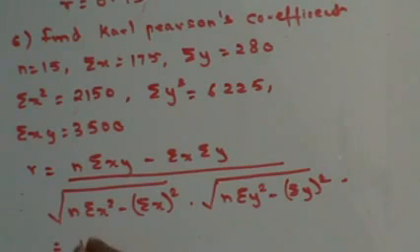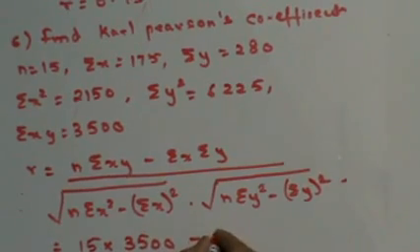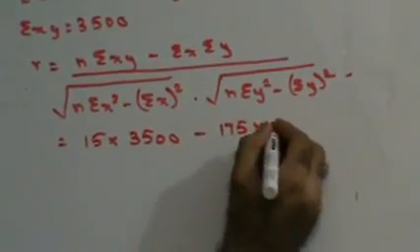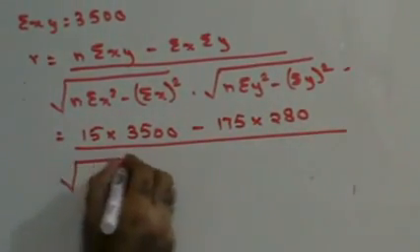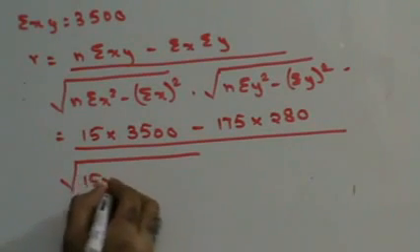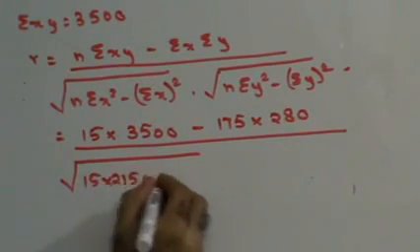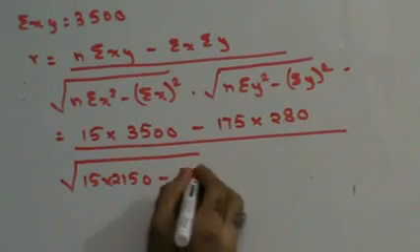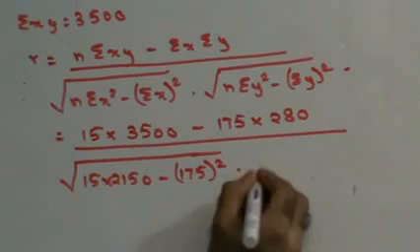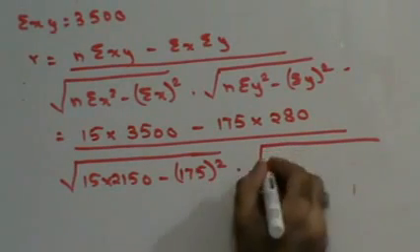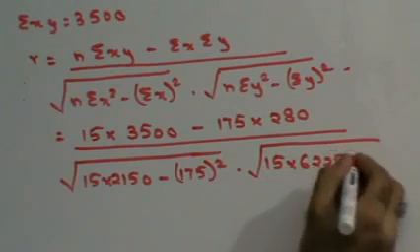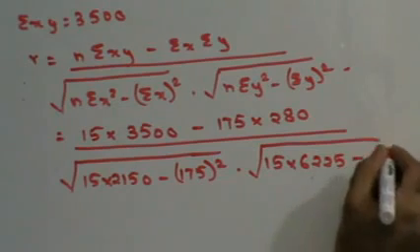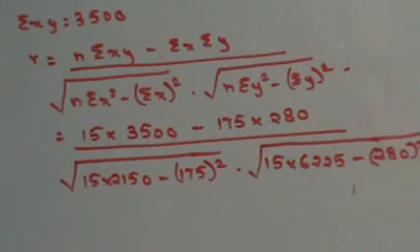Here n is 15, sigma xy 3500 minus sigma x 175 into sigma y 280, upon square root of n 15 times sigma x square 2150 minus sigma x 175 the whole square, into n 15 times sigma y square 6225 minus sigma y 280 the whole square, right?